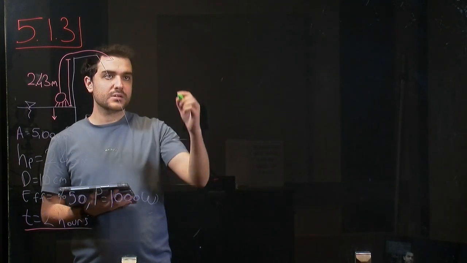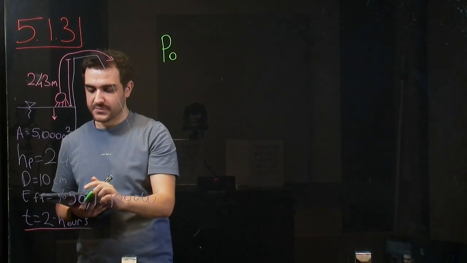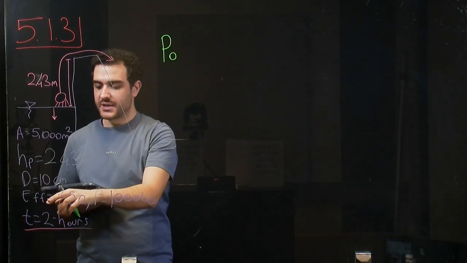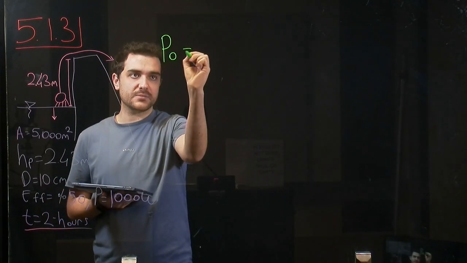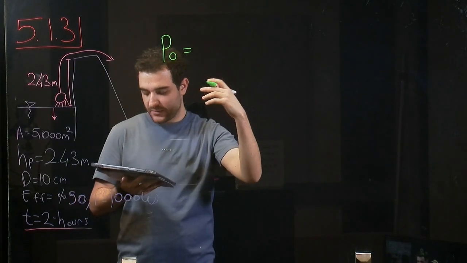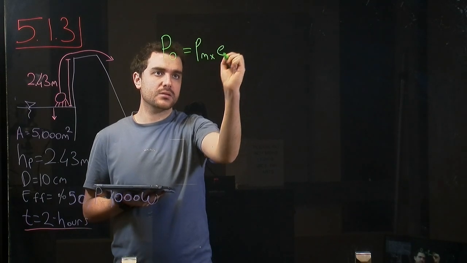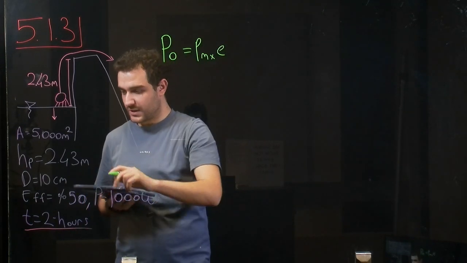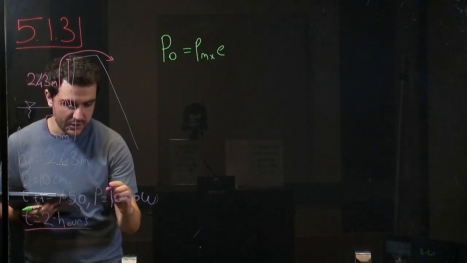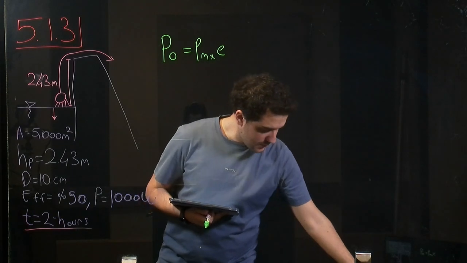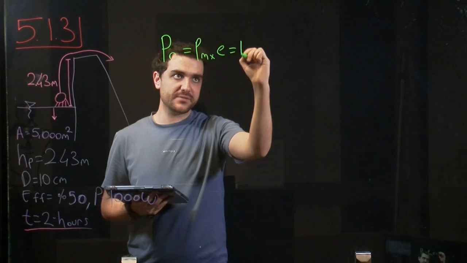First of all, we are not able to use the pump efficiently because its efficiency is only 50%, so the actual pump power will be P_M, which is 1000 watt, and the efficiency is 0.5.